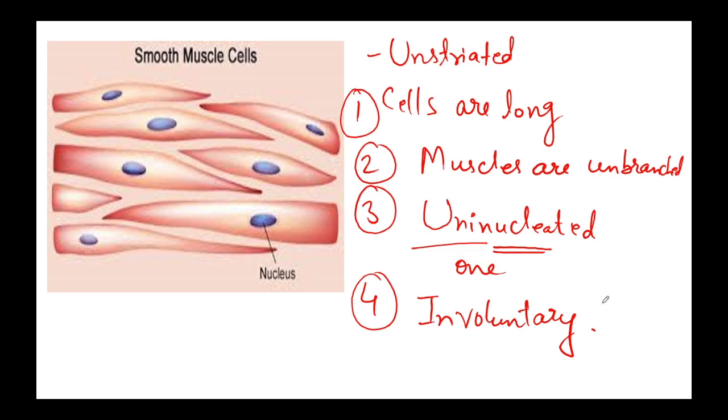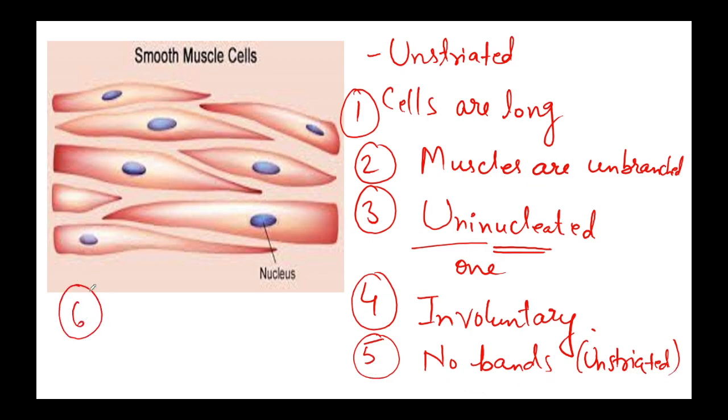Next, the inner lining of bronchi or the lining of blood vessels, you can't control those linings, right? Urinary bladder also, uterus, alimentary canal, muscle cells of the iris in our eye. All these types of muscles are involuntary in nature. Number 5, they have no bands. Therefore, such type of muscle tissue is known as unstriated. It means no striations are present.